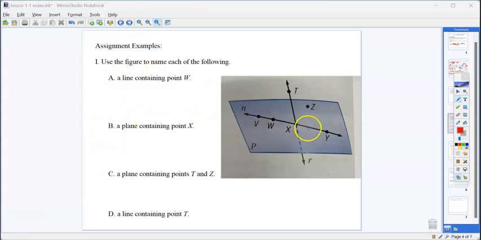We have this figure. It's a plane. There are 2 lines that actually intersect. They cross each other. Just to give you an idea, we have this line called N. It's also described by any of the 2 points that are on the line. And that line is on the plane. And then we have this line that is straight up and down that actually isn't on the plane.